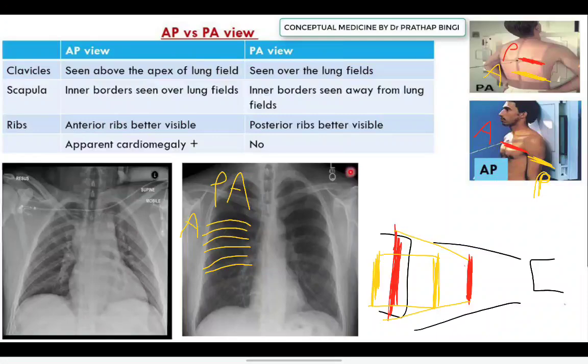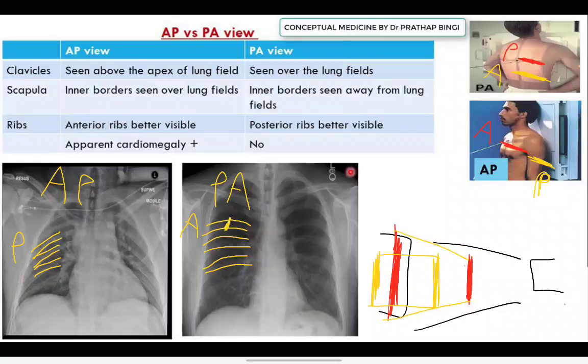And in the AP chest radiograph, the yellow ones are the posterior ribs. This is important when you are specifying a fracture in a certain rib.